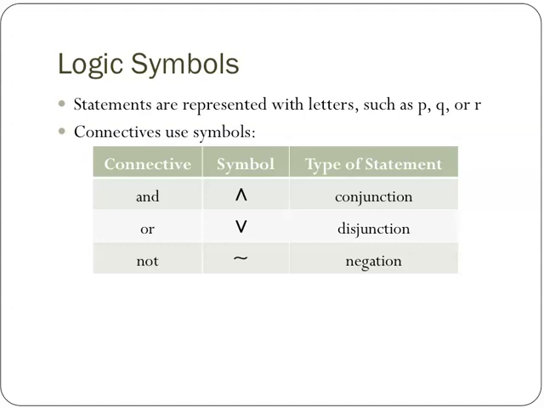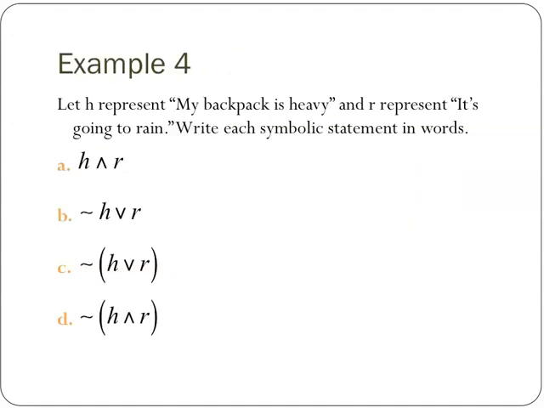Let's do some problems just to get used to representing statements using these logic symbols. Example 4: let H represent "my backpack is heavy" and R represent "it's going to rain." Write each symbolic statement in words.